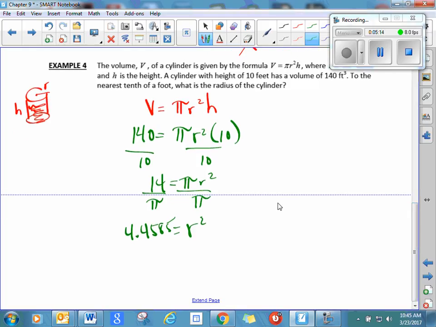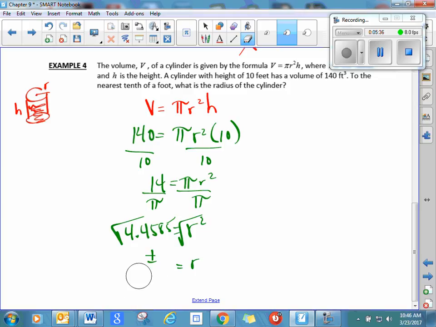And then, of course, you've got to take the square root of both sides. We can talk about how you do this on your calculator if you haven't figured it out. We talked a little bit last time about using it. Oh, wait, no, sorry. I did the wrong thing here.